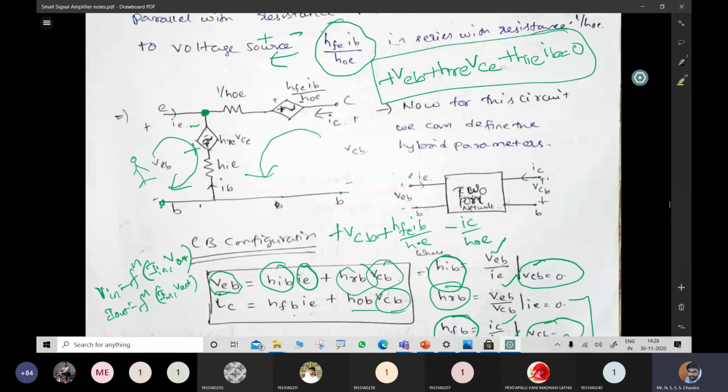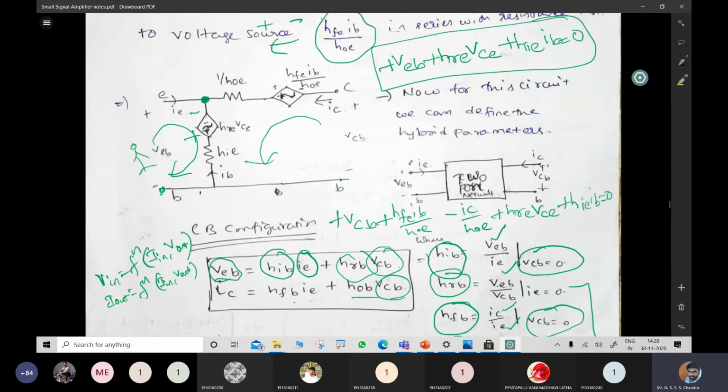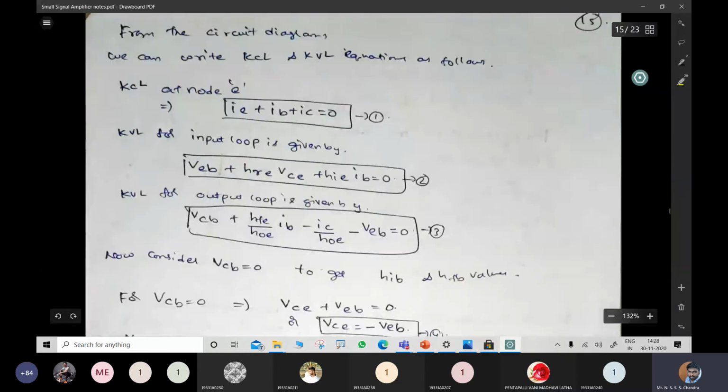Again from minus to plus, it is plus HRE into VC. Again you have plus HIE into IB equal to 0. Okay. So same equation we are going to see. So let us check that.